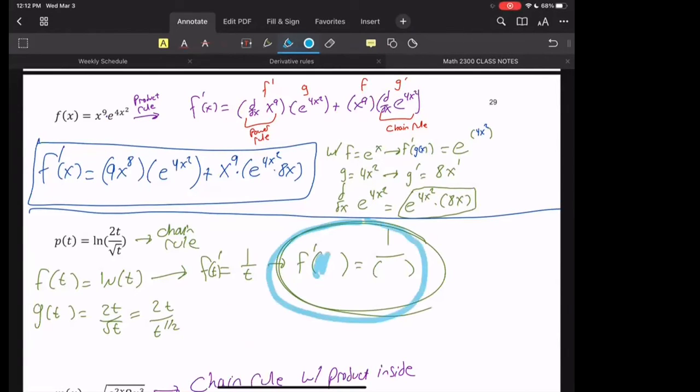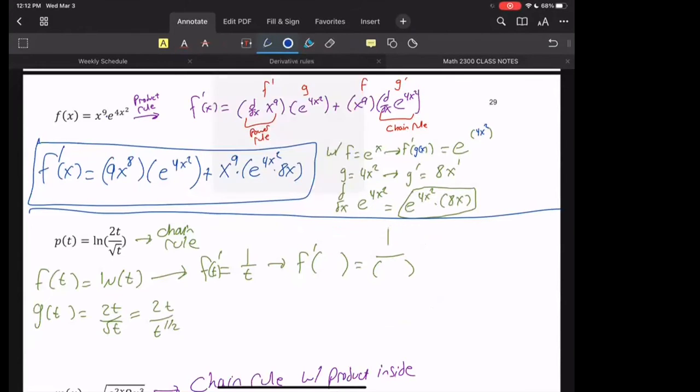I just need to put something into the spot where the blanks are. And what goes in there is the function g, right? So I want g of t in there. G of t is this square root fraction thing. So it's 2t over square root of t.